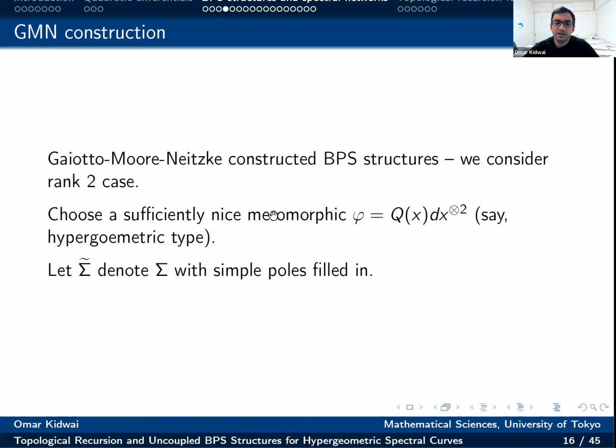One way to read Gaiotto-Moore-Neitzke's work is that, among many things, they constructed BPS structures geometrically from the quadratic differential. If we choose a sufficiently nice one, like in all our examples, so it's just q(x) dx squared, then I'll let the tilde denote that I filled in all the simple poles on the spectral cover.